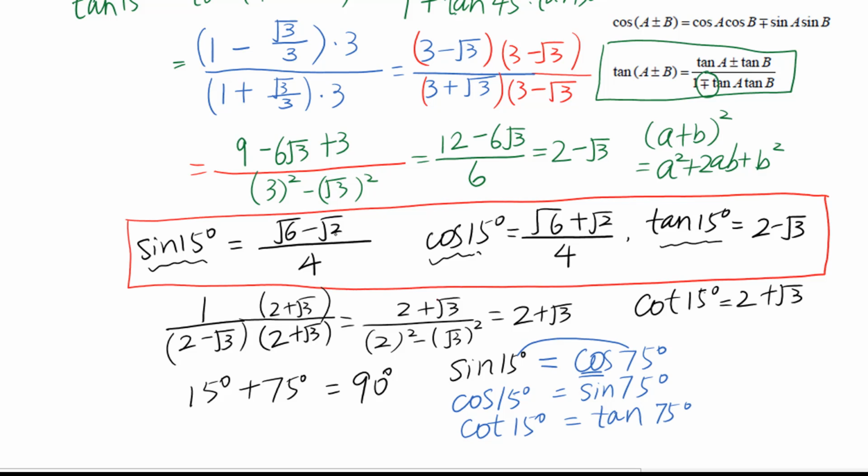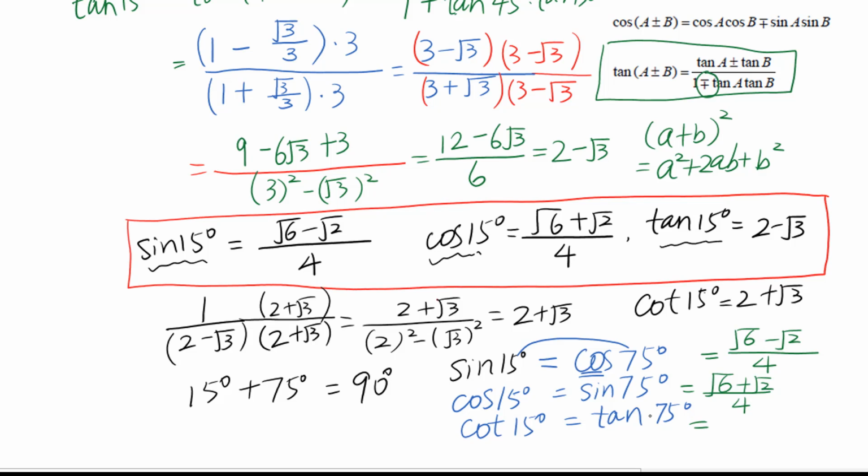75 degree. We know the sine 15 degree, that is a square root of 6 minus a square root of 2 over 4. Sine 75 degree, it will be cosine 15 degree, that is a square root of 6 plus a square root of 2 over 4.